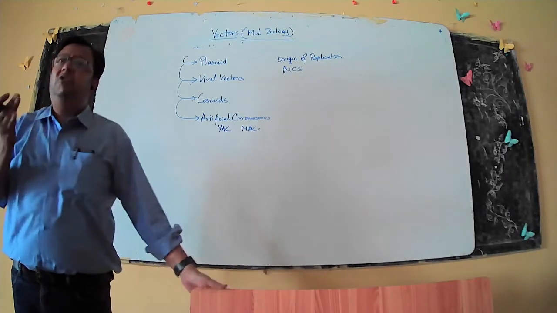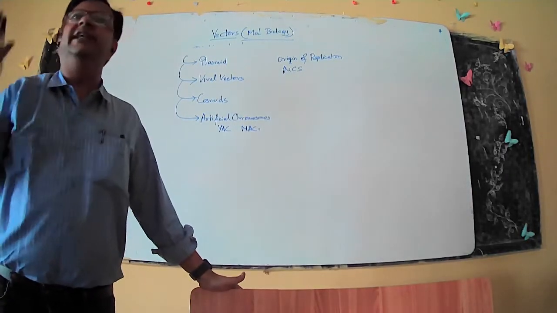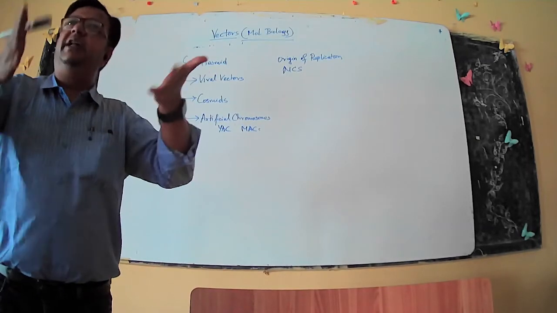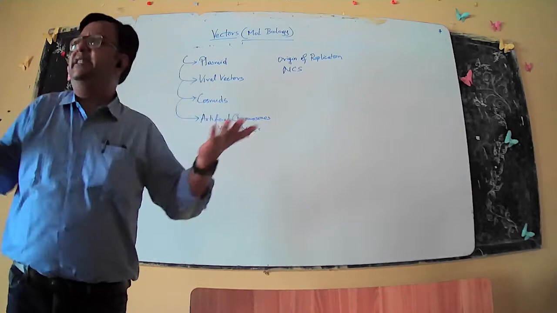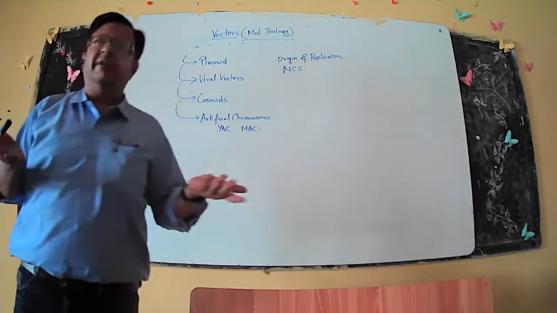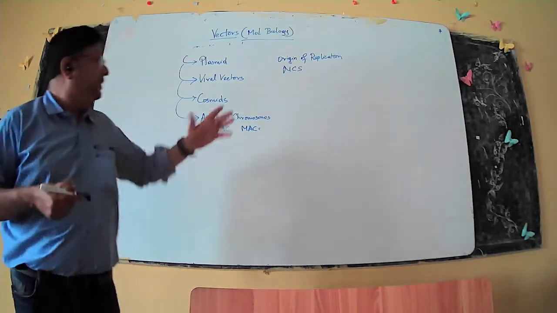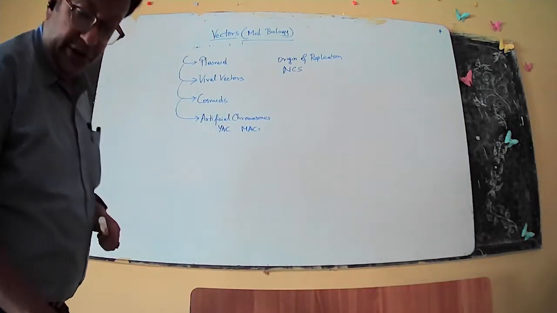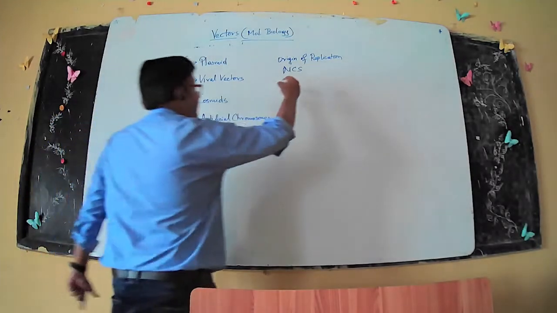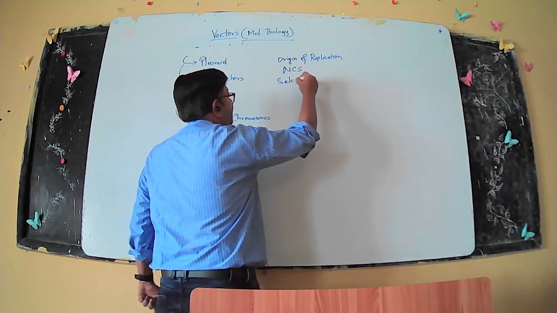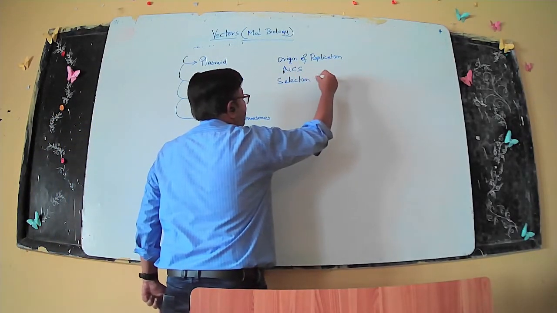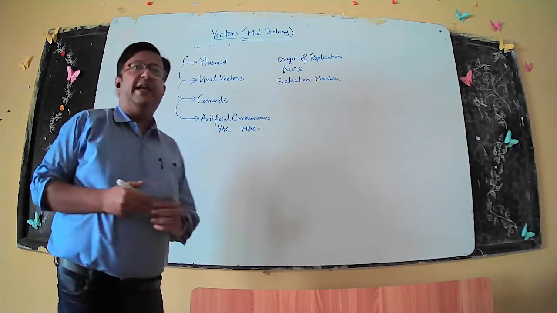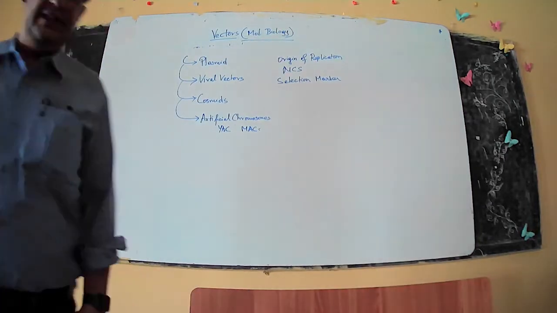So common ones, EcoRI, HindIII, BamHI, all these enzyme sites are there. So depending upon your insert, you can use any of these restriction sites and you can clone them. Cloning, Zaka madam will take it later in detail. Then it should also have a selection marker, like an antibiotic resistance gene. It should have.